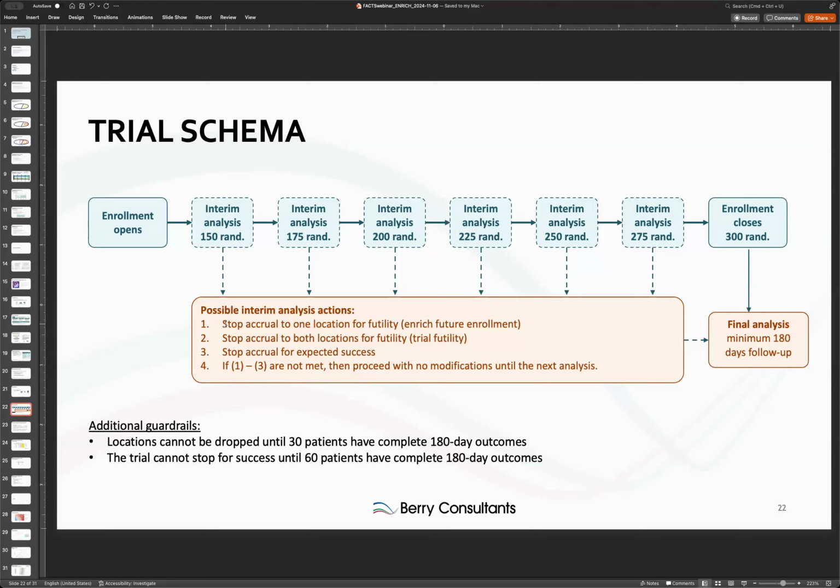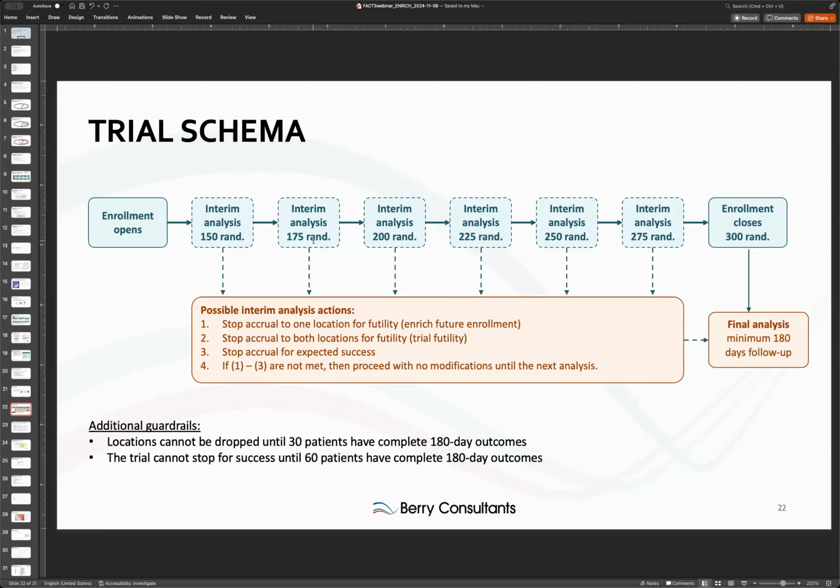If the criteria are met to stop both locations for futility, so if we want to enrich on both locations and drop both of them for futility, that is going to be our trial-wide futility rule. We can also stop accrual in the trial for expected success. If you don't do one of these 3 things, then you just proceed on to the next interim analysis.